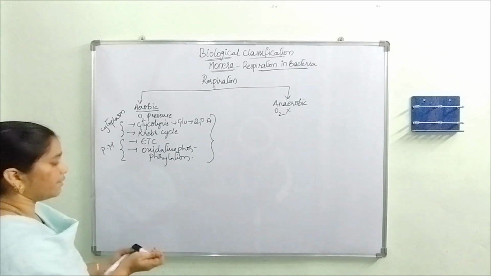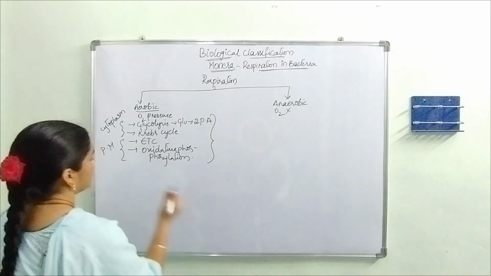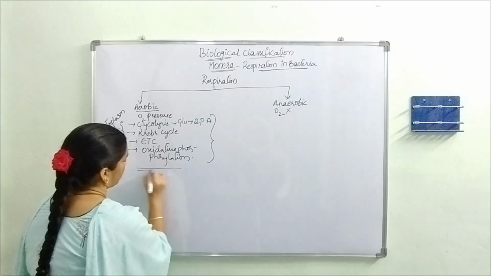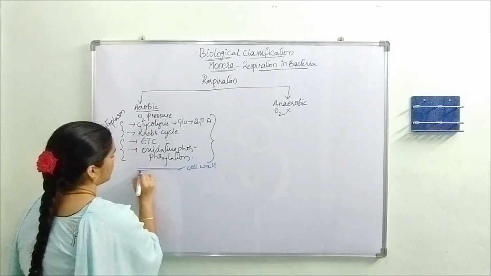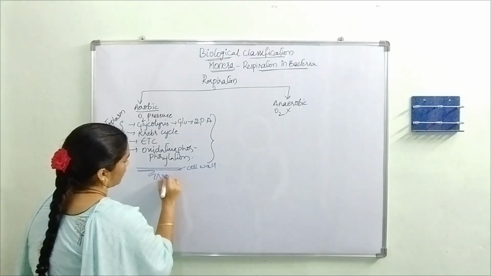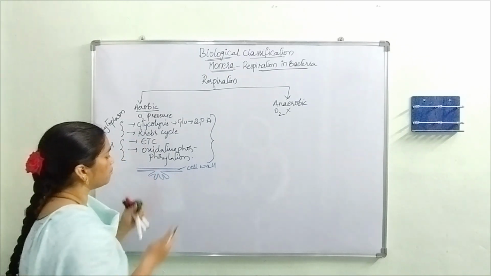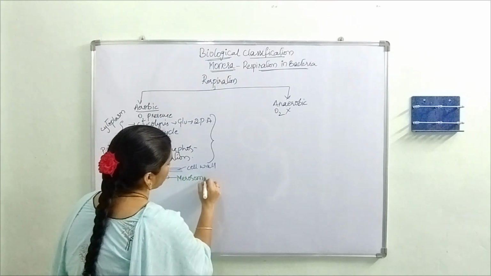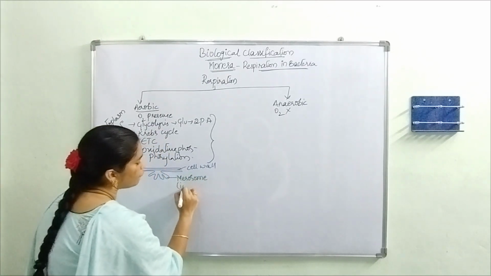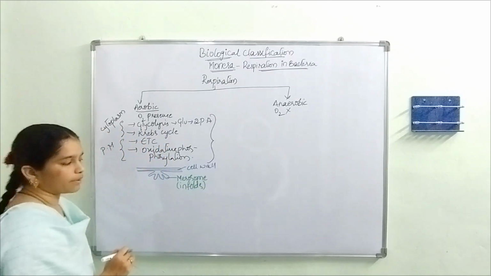In the plasma membrane, where does this take place? So, let us draw the plasma membrane. This is the cell wall. And this is the plasma membrane. So, this is the mesosome. Mesosomes are the inner foldings or infoldings of the plasma membrane.